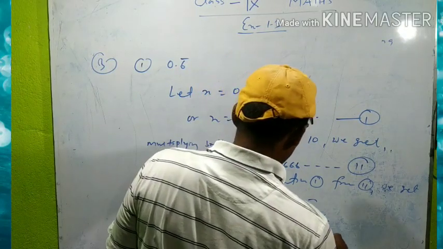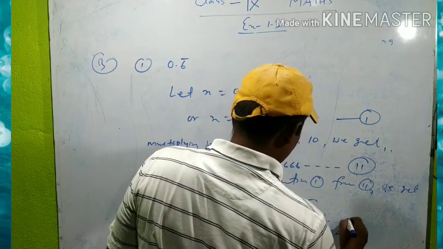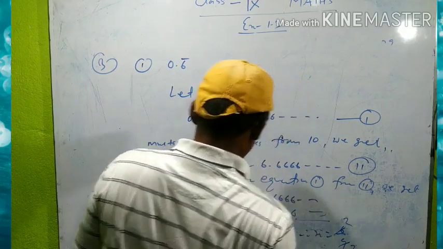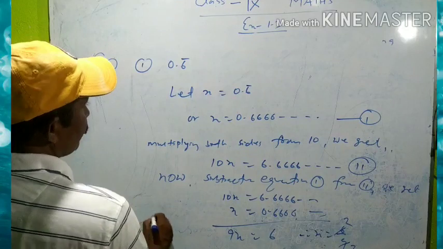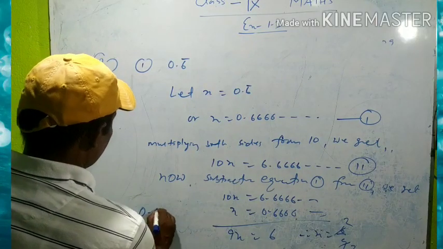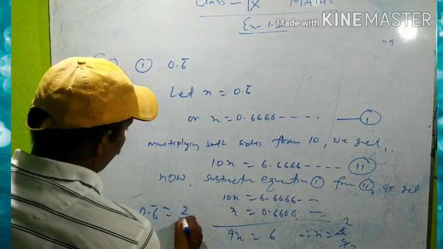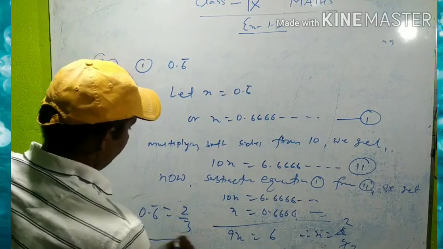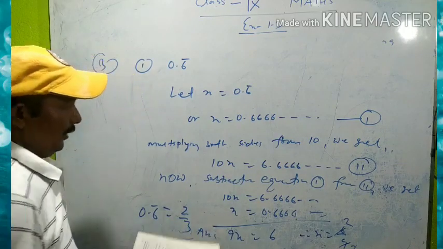Therefore x is equal to 6 by 9, that is 2 by 3. Means here 0.6 repeating is equal to 2 by 3. This is the answer.